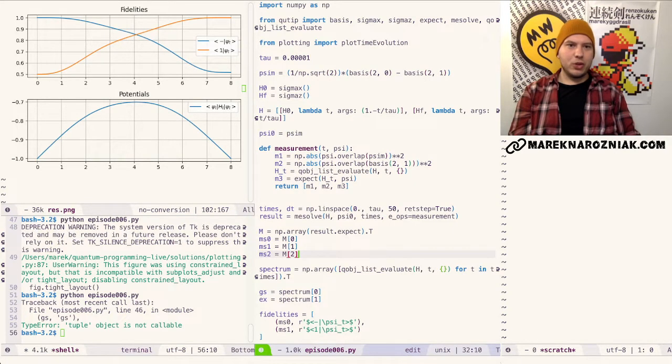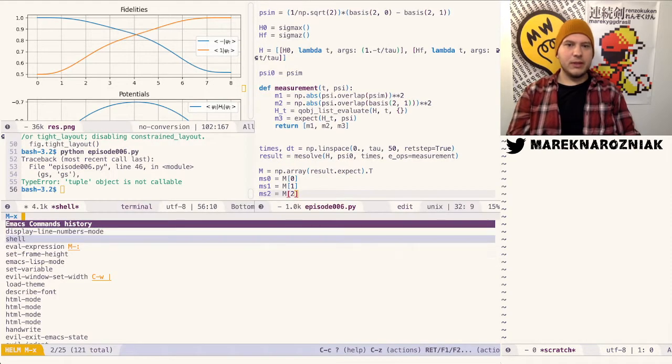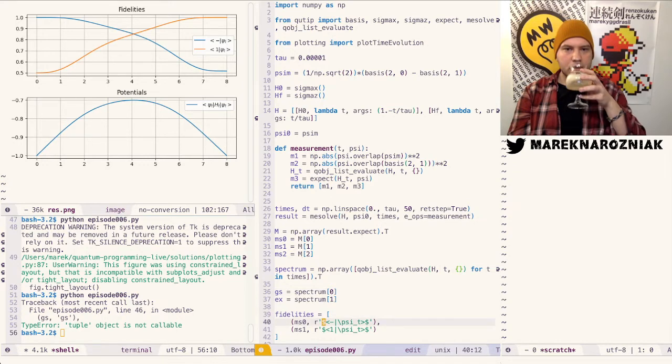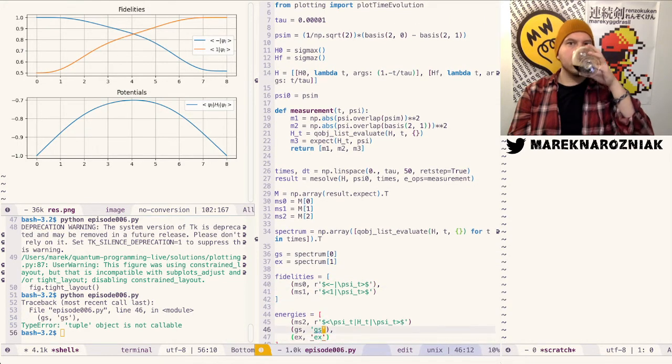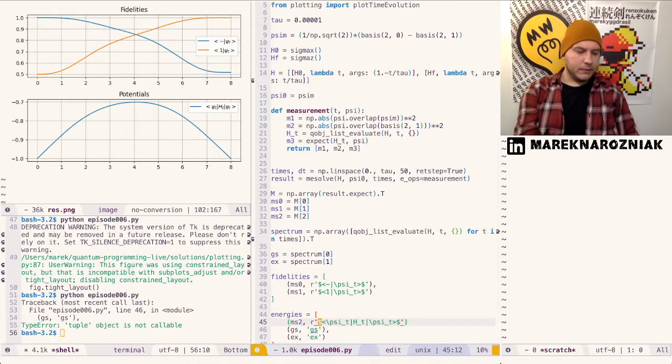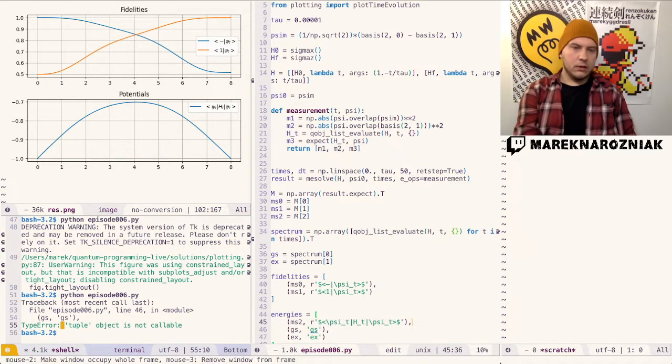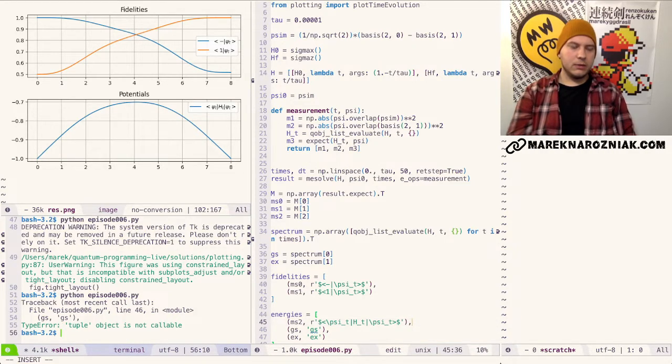Why don't you want to show me lines? Okay, 46. Here. The tuple is not callable. I guess I just forgot a comma. That was easy. Come on, is that all you have to challenge me? I dare you.